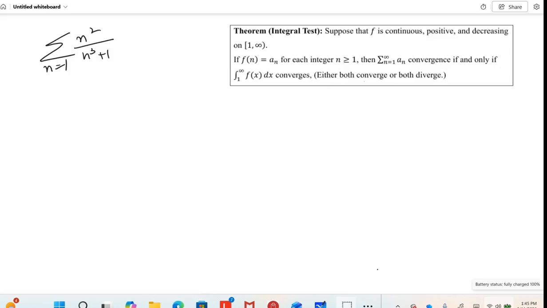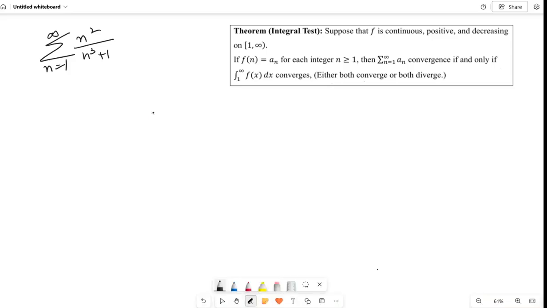So we have this series here. We need to check if it converges or diverges. We notice that the series has positive terms. There is no alternating series. There is no negative sign. That's the first observation. So looking at a_n, it is n squared over n cubed plus 1.